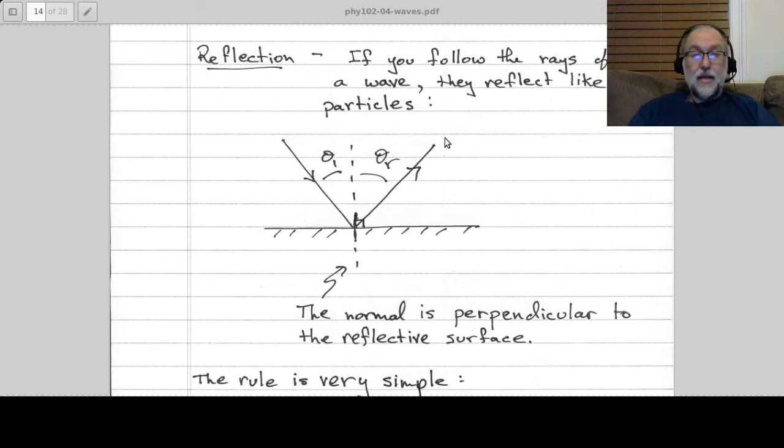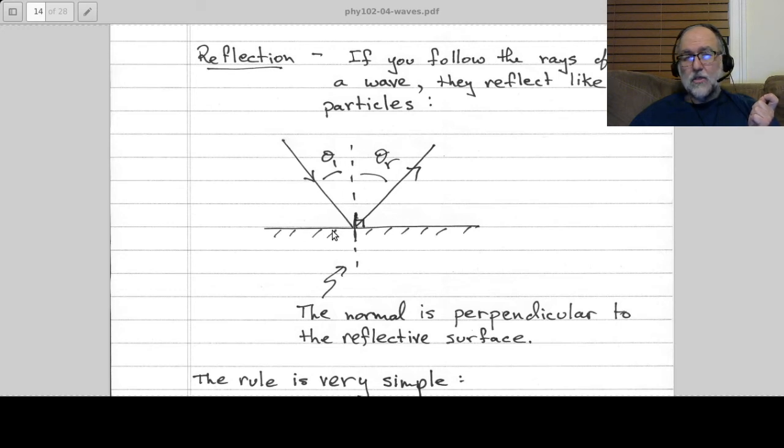This is exactly the same thing as what a billiard ball would do if it were to hit the side of a pool table. Here we have, say, water, and this is like the edge of a tub. The water waves will come in at one angle and they'll bounce out at the same angle. I should just say how that angle is measured. You'll notice I have a dashed line here.